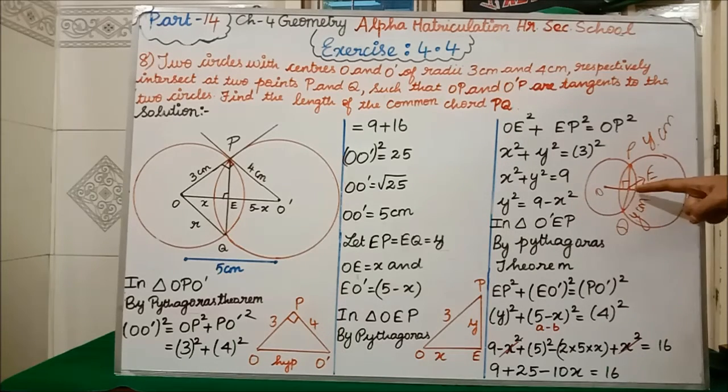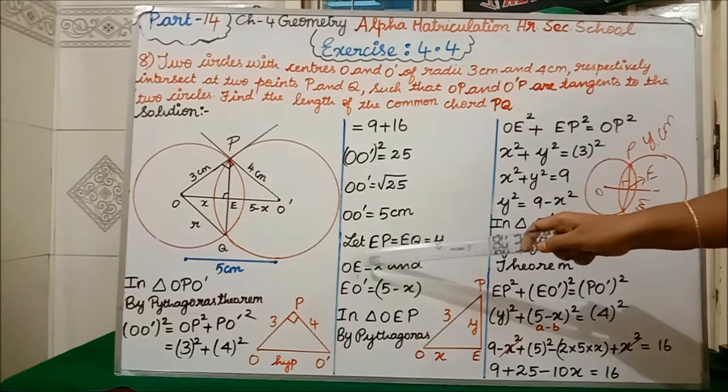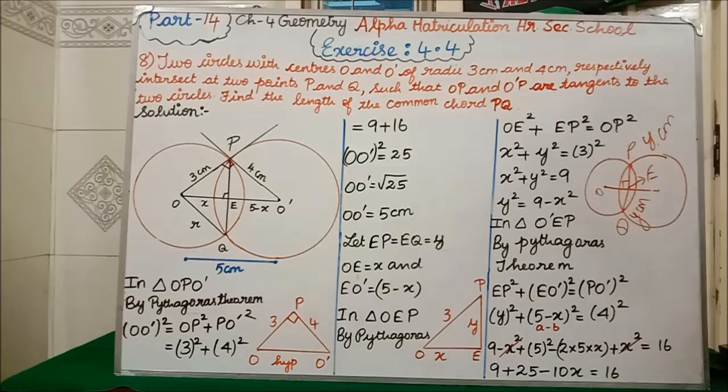The line is bisected into two equal halves, one half and the other half, both with the same measurement. Since we don't know PE length or EQ length, we take PE as Y, similarly EQ as Y. Clear, all of you? That is what I have written: let EP equal to. EP means what?